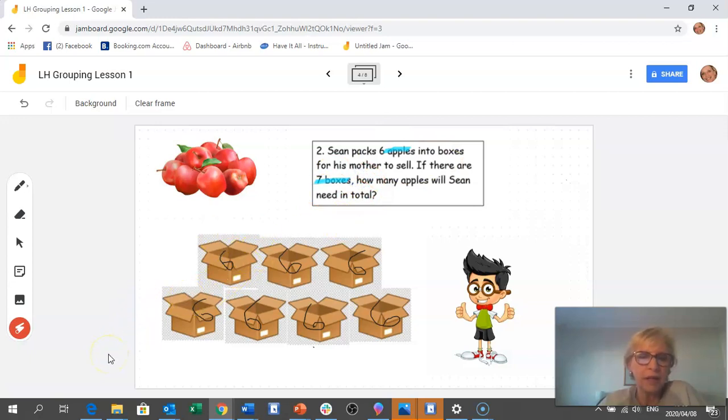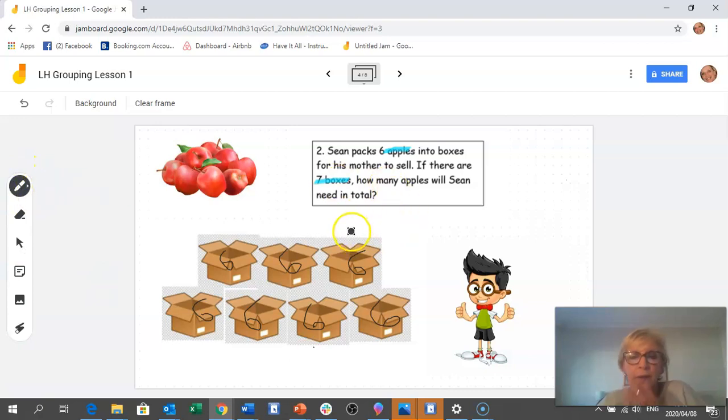I don't know if you're having some of your food delivered, but we got some vegetables delivered from a very nice man yesterday who delivered these boxes for us with veggies and fruit. And this is just what it reminds me of. So maybe Sean is helping his dad to pack boxes for people who can't come out because of the coronavirus, and he's helping to pack apples for his mother to sell to other people and maybe even to deliver. Wouldn't that be amazing?